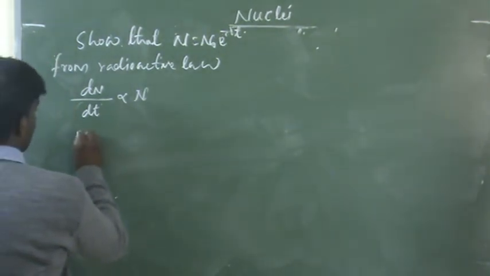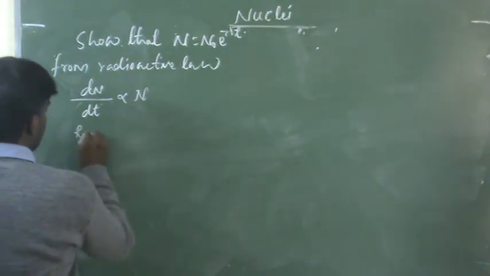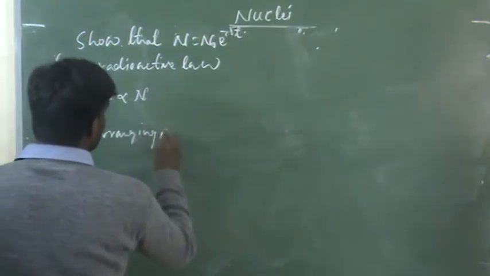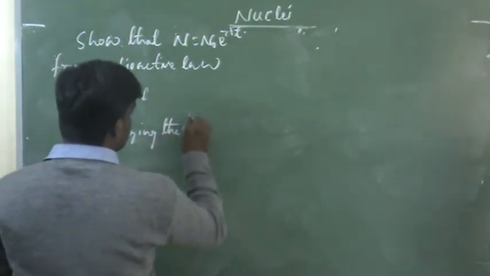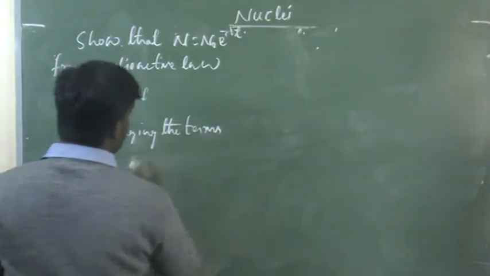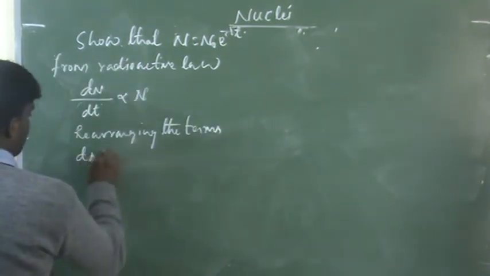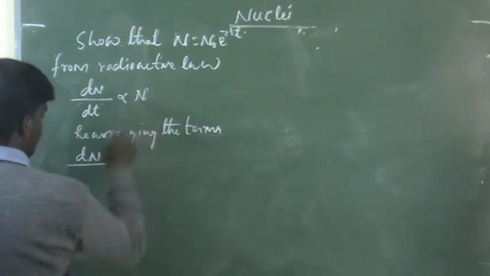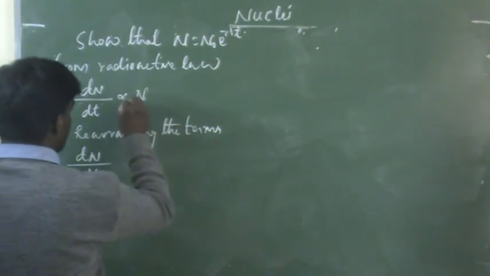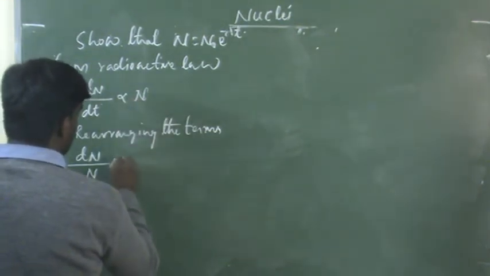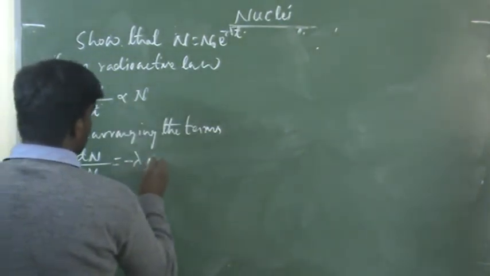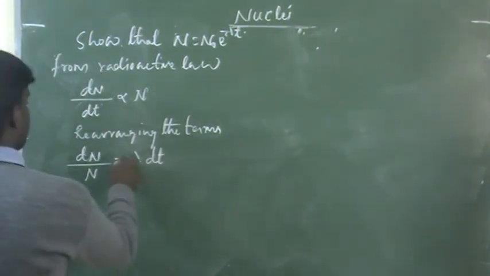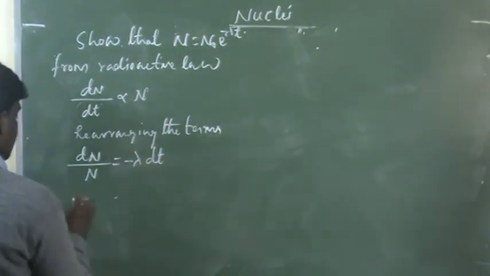Here, rearranging the terms, dN by N. To remove the proportionality we require a constant, that is lambda, so dN by N equals minus lambda into dt.